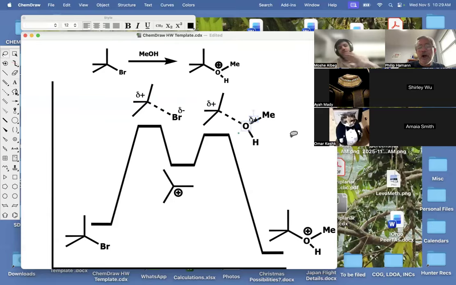But now the positive charge is developing on the oxygen, and the positive charge is diminishing on the carbon. Put them in here. Looks better.